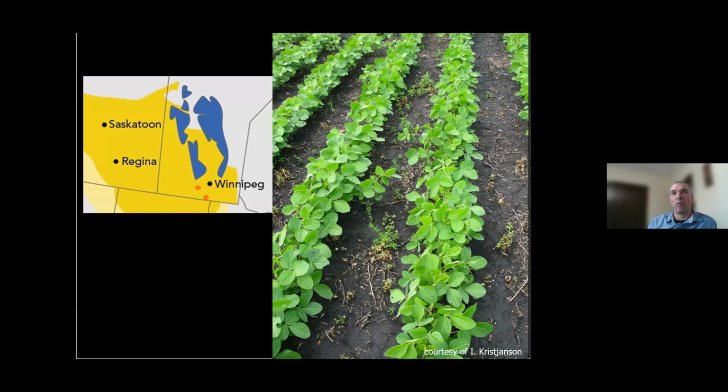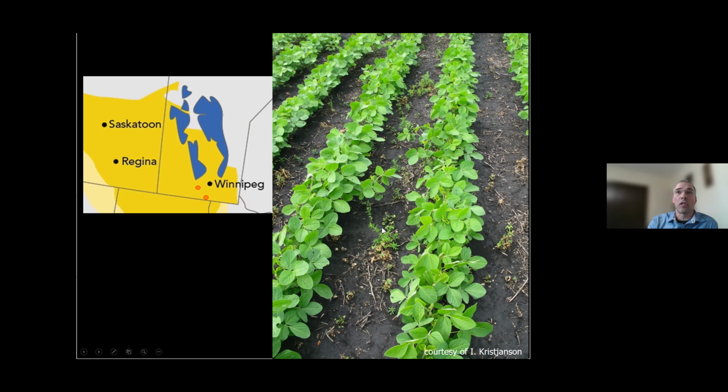We thought it was going to come in from the west where it had been much more prominent, but in reality, the first survey of Roundup resistant kochia in Manitoba showed us that it occurred in 2 wide row crops. One was a cornfield by Elm Creek, and the other one was a soybean field close to the US border. And as you can see here, these are injured plants, and they, of course, have full access to light.